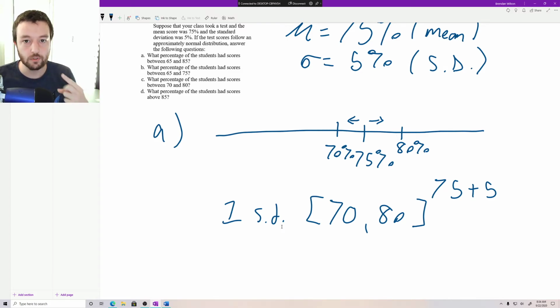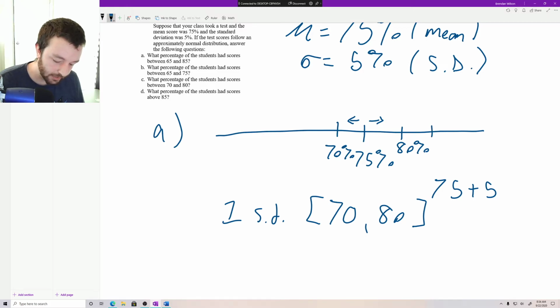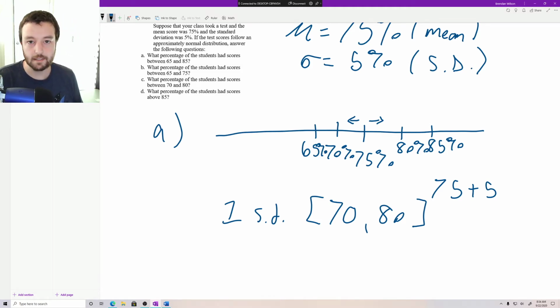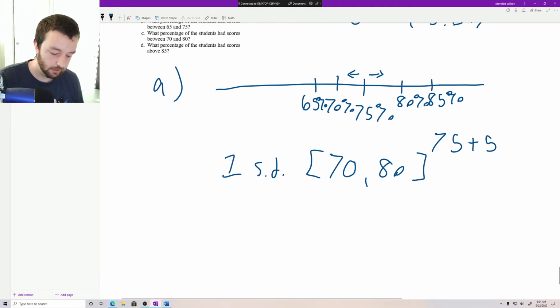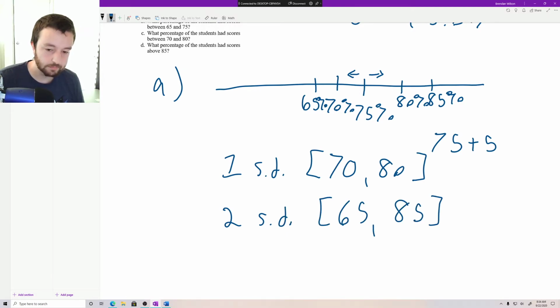Because 1 is 5, so 2 is 10. So we're going to move 10 in both directions. So 10 in each direction would be going to 85 this way, because we're doing 75 plus 10. In the other direction, it's 65, because we're doing 75 minus 10. So 2 standard deviations is between 65 and 85.